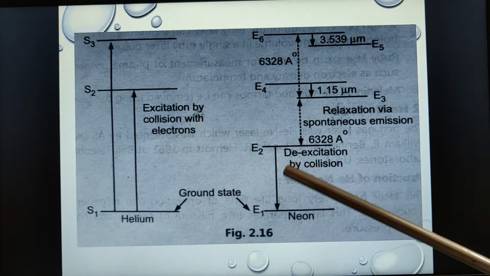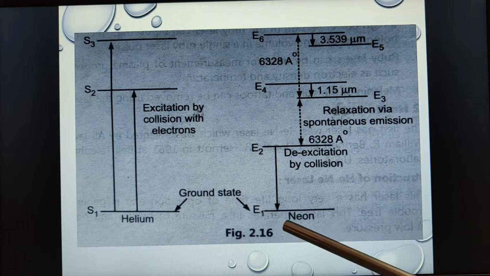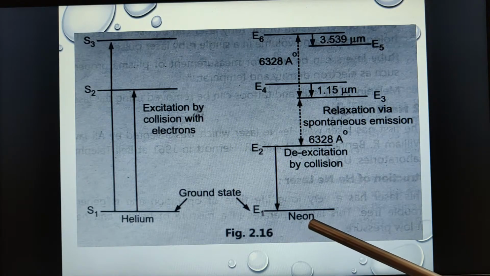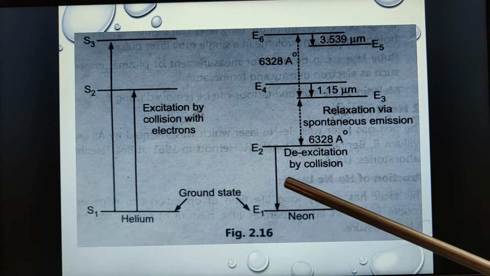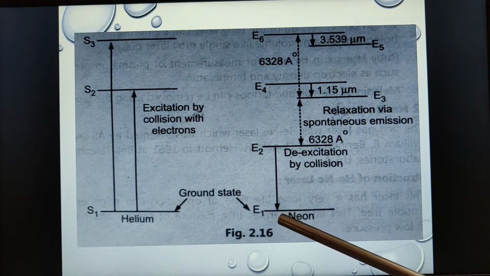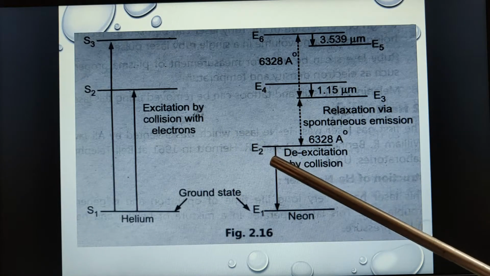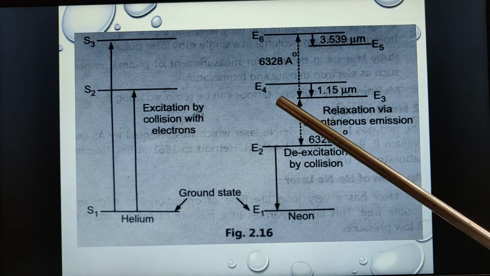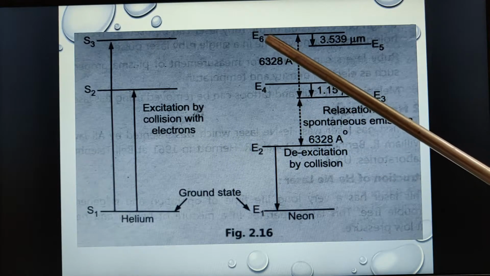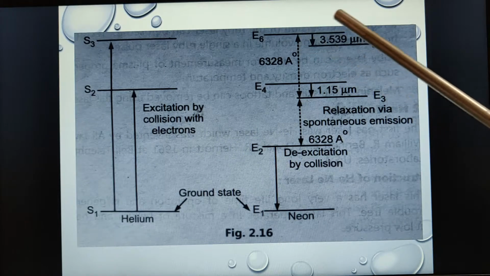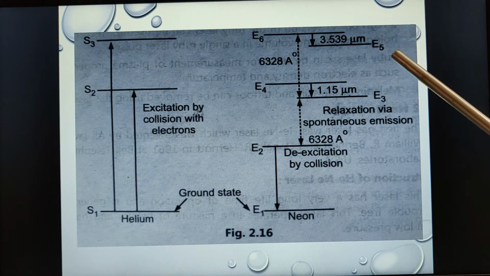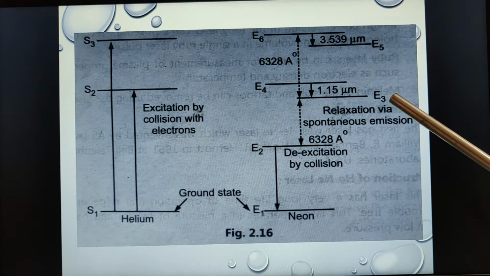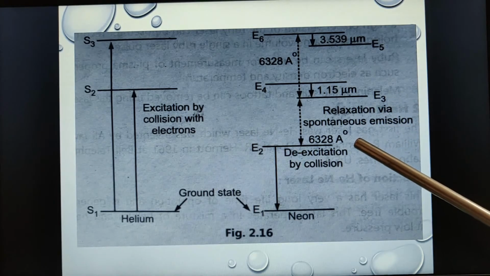Next, this is the diagram of neon, which consists of ground state E1, E2 excited, E4 more excited, and E6 again a more excited state. In between there are E5 and E3 levels.